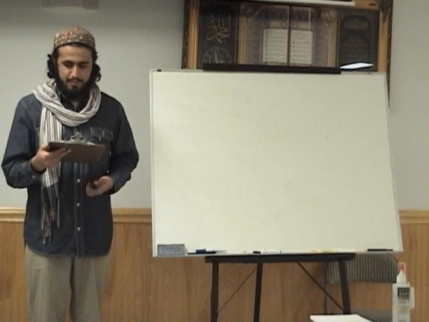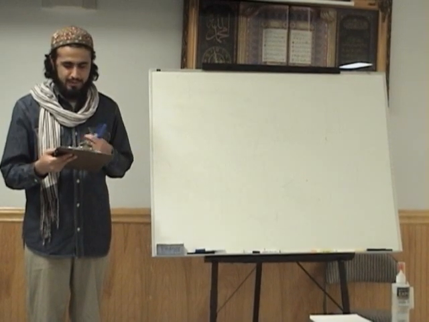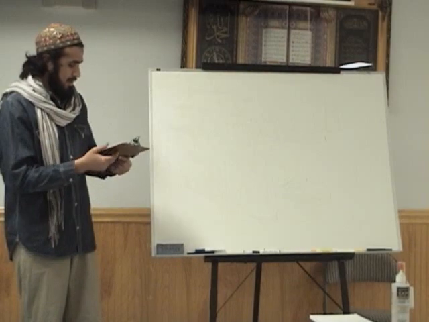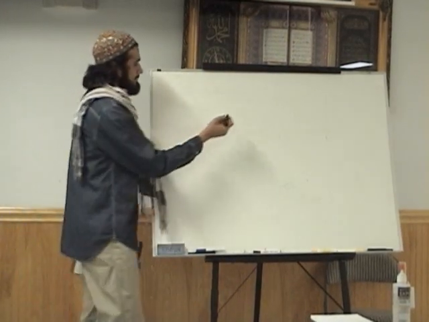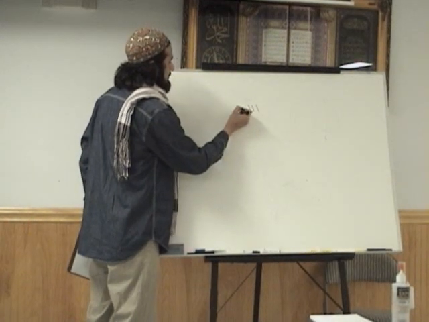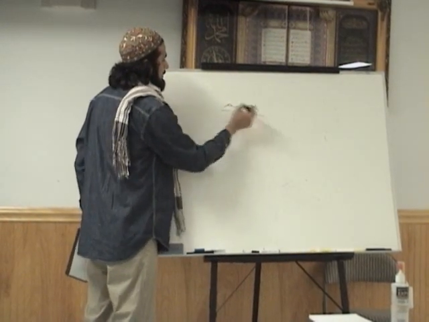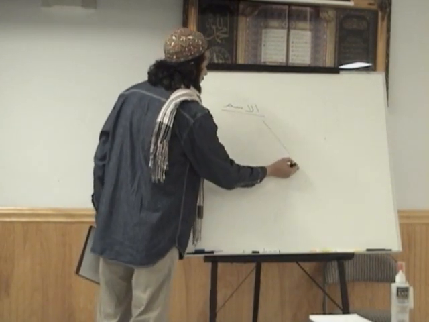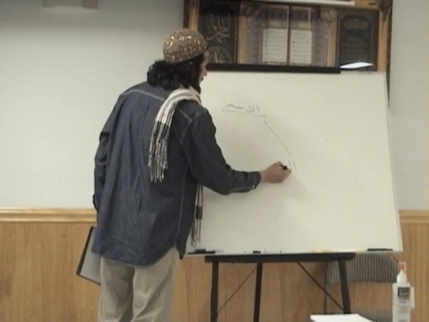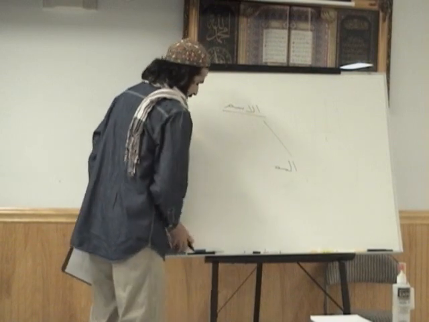So let's look at the classifications of ism. There is only one main classification of ism that we need to be concerned with. Ism, which is the noun, the name of something, can be one of these 3.